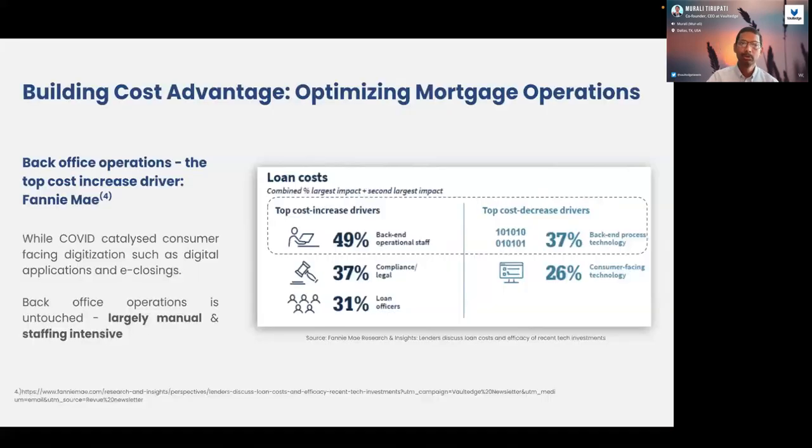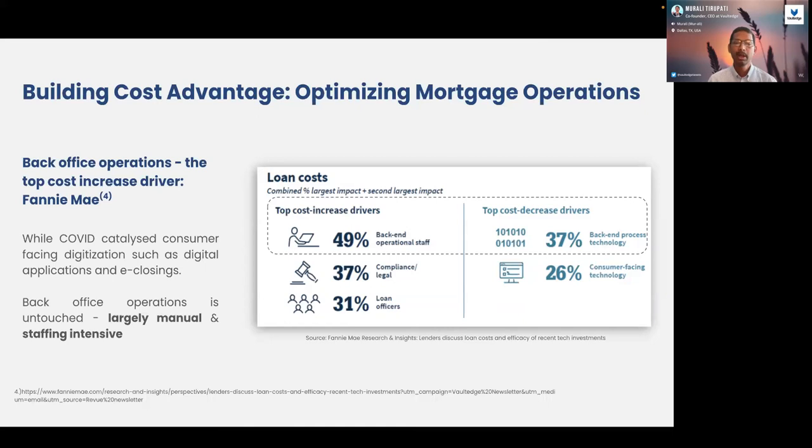Now, I want to look at a recent survey that Fannie Mae did. Fannie Mae surveyed several mortgage companies, and there are a couple of very interesting findings from the survey. One is, if you look at mortgage companies across the board, during COVID, companies invested a good amount of effort into implementing technologies on the consumer-facing side, right?